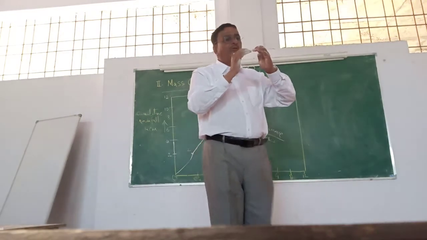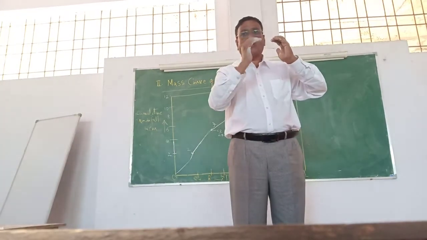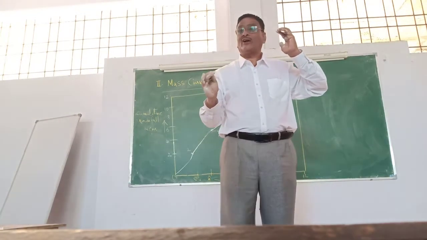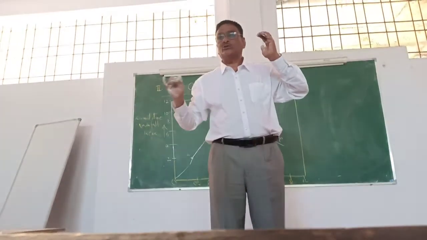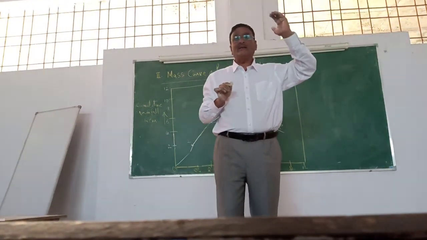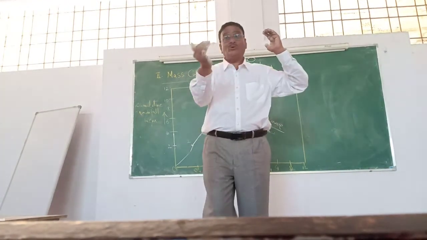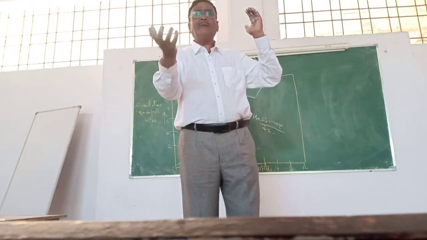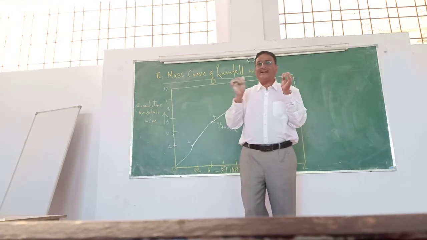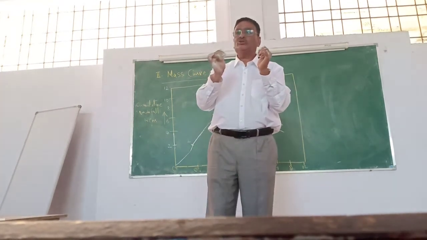Then from the 15 centimeter of rainfall for 8 hours or 10 hours, suddenly there will be only 2 centimeter of rainfall. Suddenly there will be a slowdown. So that 2 centimeter from 8 centimeter rainfall cannot be 2 centimeter. There will be some correction required for this mass curve. That mass curve is to be corrected.